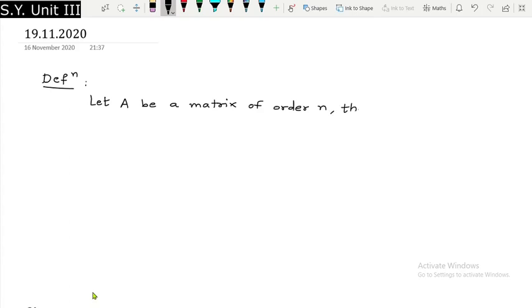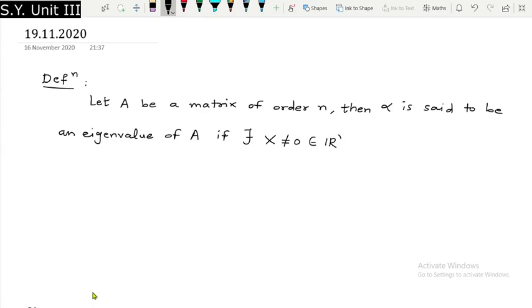Then alpha is said to be an eigenvalue of A if there exists x not equal to 0 belonging to R raised to n such that Ax is equal to alpha x.